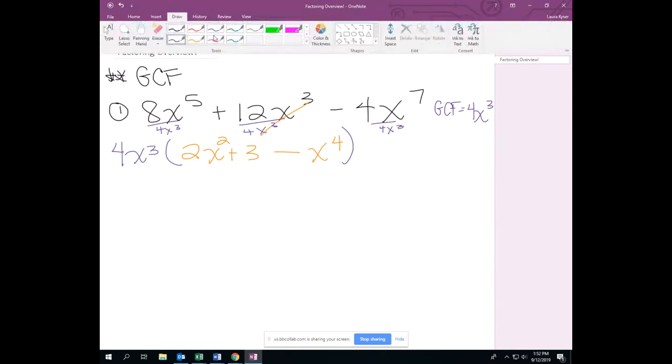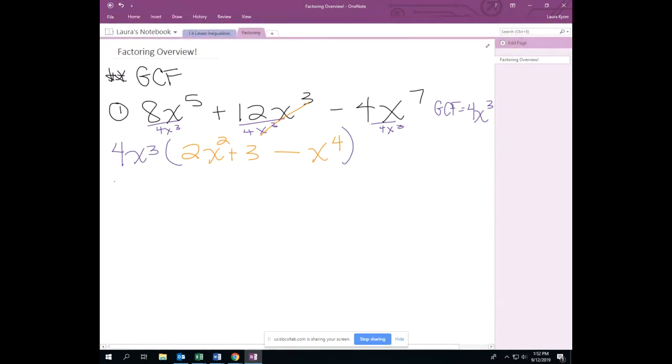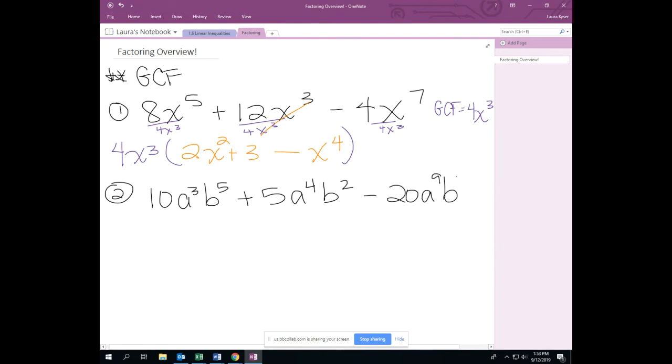Sometimes you might run into a situation where you have more than one variable in there. You might see something like 10 a cubed b to the 5th plus 5 a to the 4th b squared minus 20 a to the 9th b cubed.